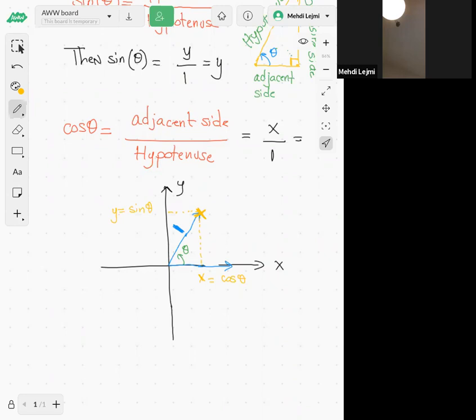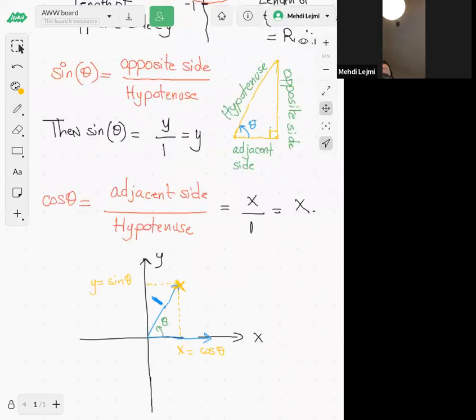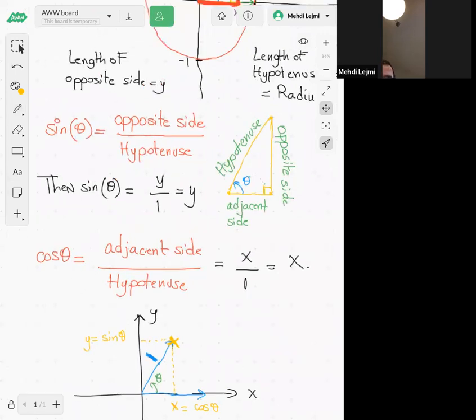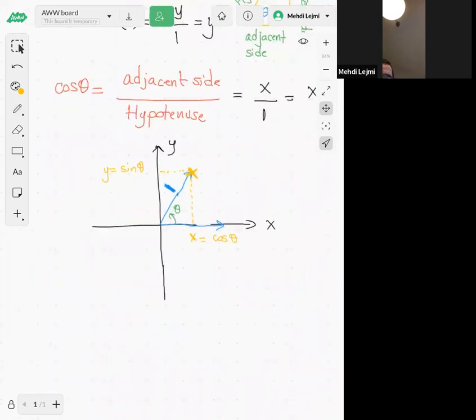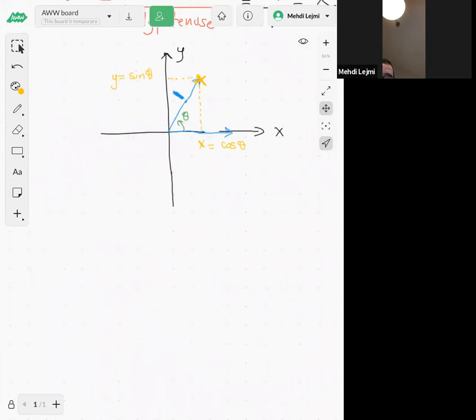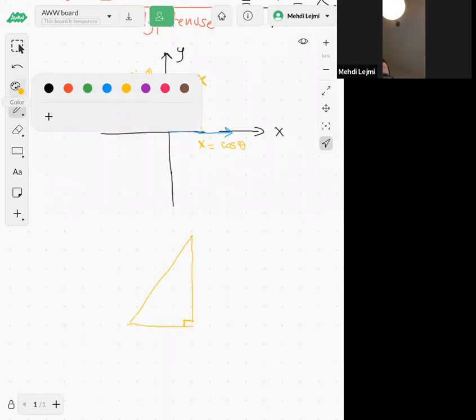All right, guys. Now we have this right triangle, and in the right triangle, of course, we can apply the Pythagorean theorem. So here's my angle theta.